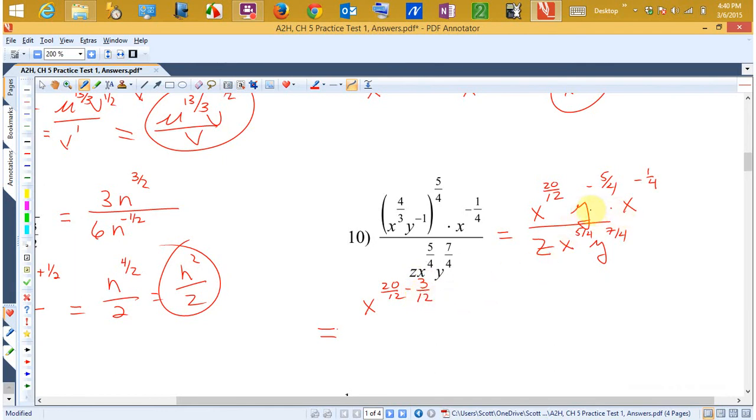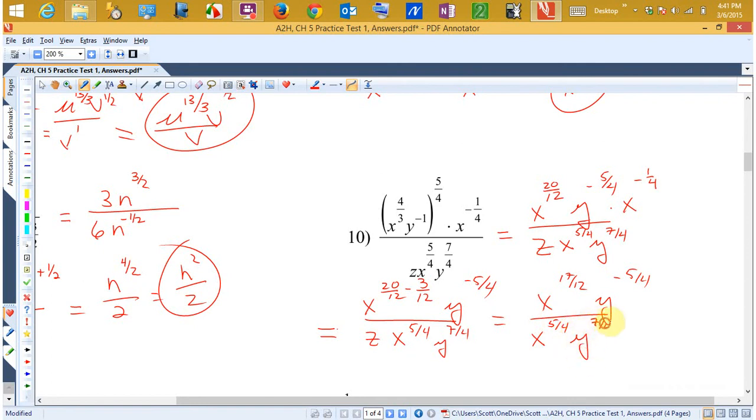And then we have the y to the negative 5/4 still, all over z, x to the 5/4, y to the 7/4. So I've got x to the 17/12, y to the negative 5/4, all over x to the 5/4, y to the 7/4, and z.